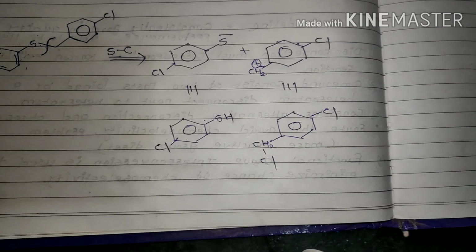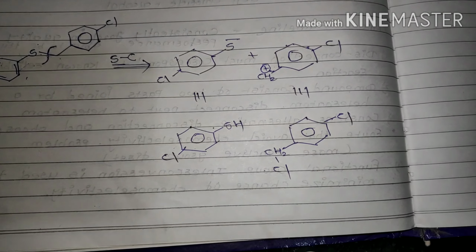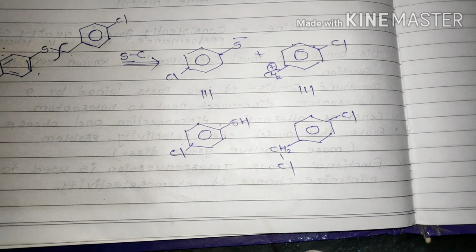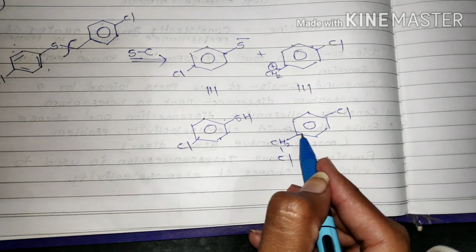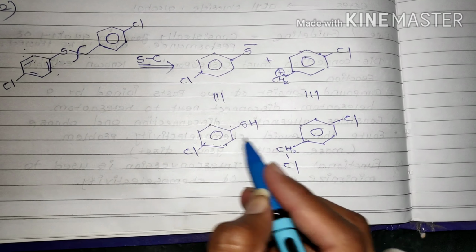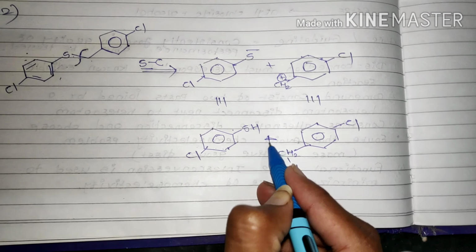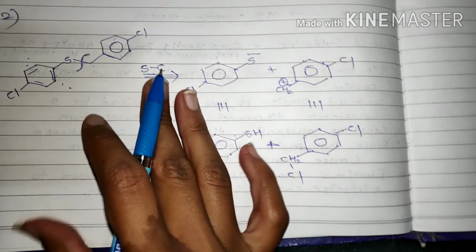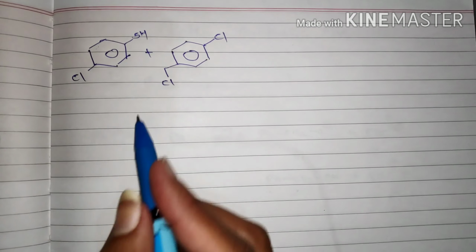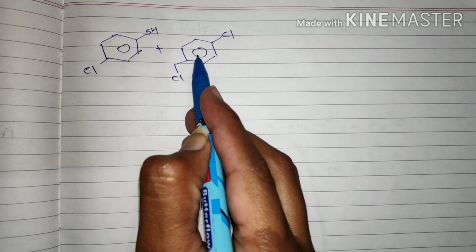Cl. This is the synthetic equivalent. This means that when we add the two reactants, we get the product. These are the two reactants we use.